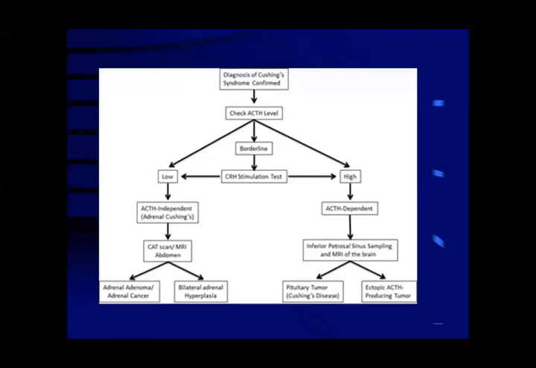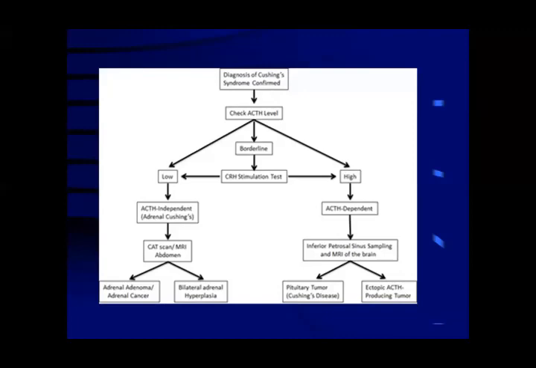Ectopic means the source of the ACTH is other than these areas. Ectopic means other than pituitary, hypothalamus, adrenal, there is another source releasing ACTH hormones. This source most commonly lies in the lungs.